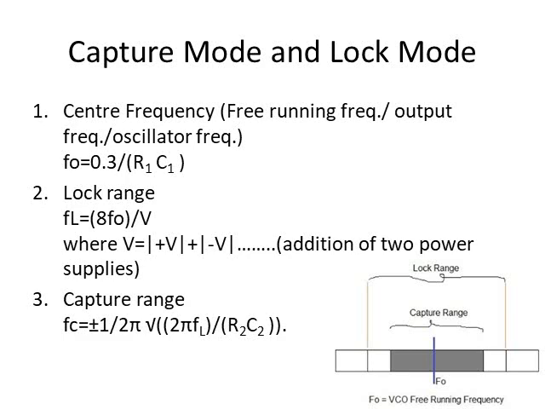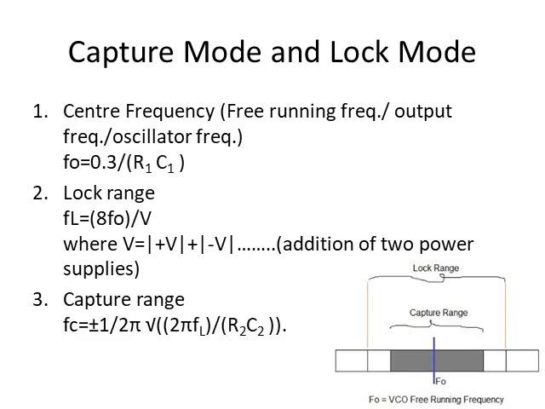Next one is the capture range, FC. FC = plus or minus 1 divided by 2 pi into square root of 2 pi FL divided by R2 into C2. F0 is the center frequency and the capture range is small compared to the lock range.